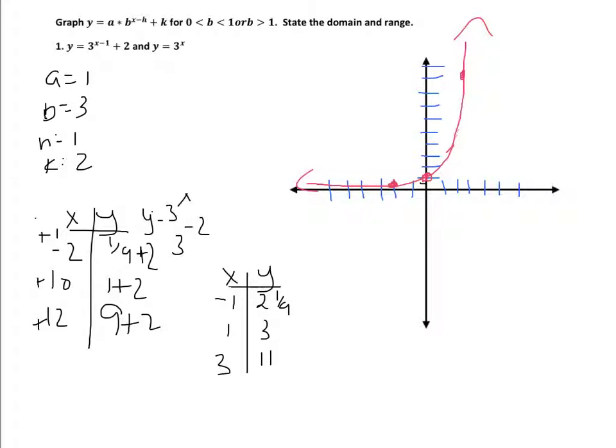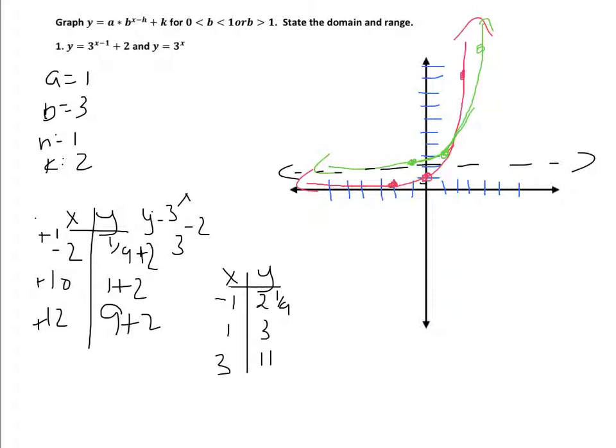So negative 1, 2 and 1/9, and then 1, 3, and 3, 11. And see that plus 2 means put that horizontal asymptote at 2 instead of 0. Okay?